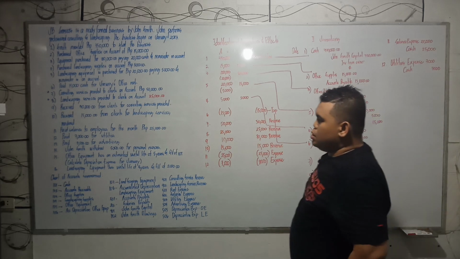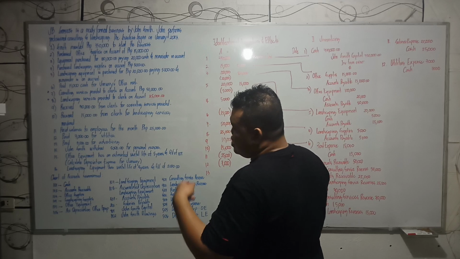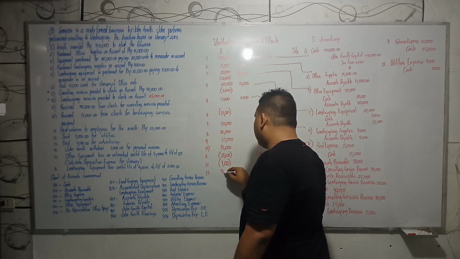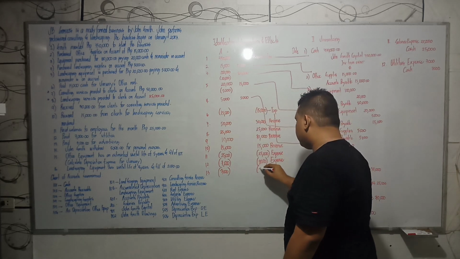That's it. And on number 13, it's the same, although it's another type of expense. So we have 3,000 for advertising. That's a decrease. And an expense here.